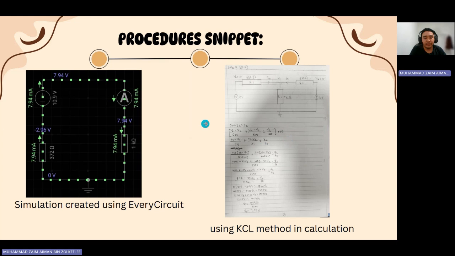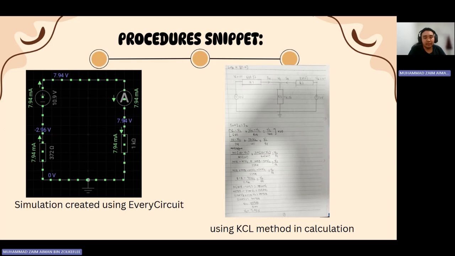Then the procedure requested me to put a voltage source with the measured value of VOC, and a resistor equivalent to the value of ROC, that is, as you can see, 372.